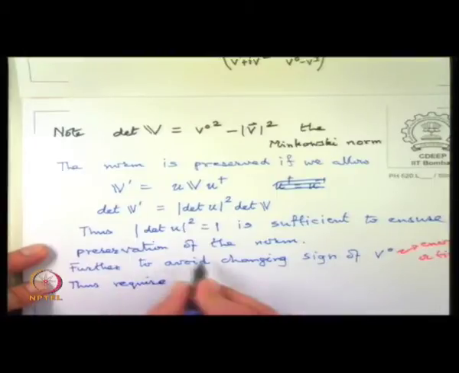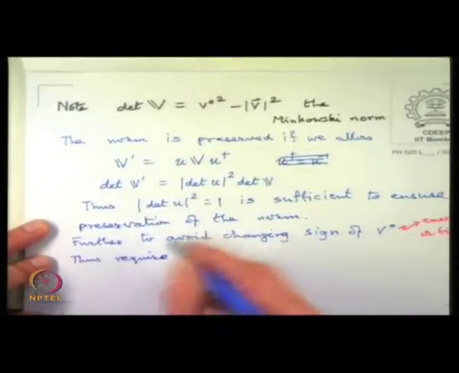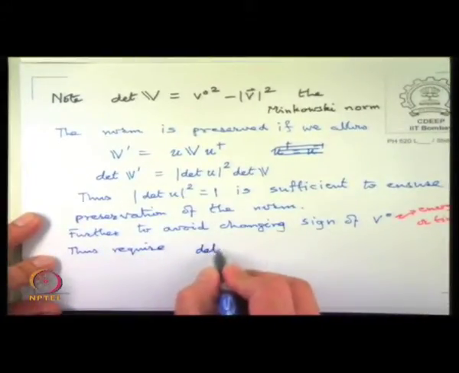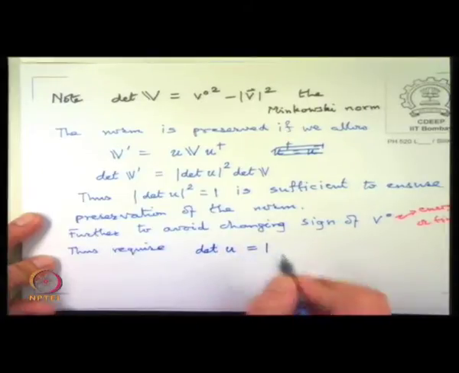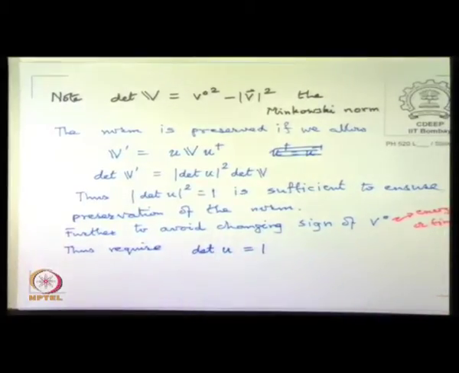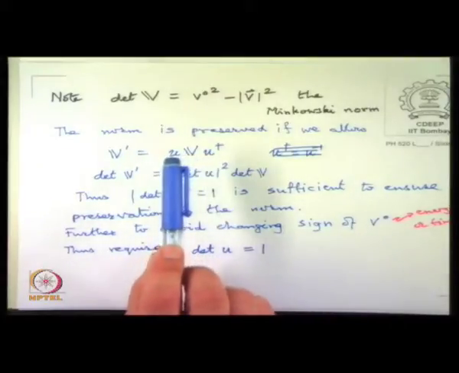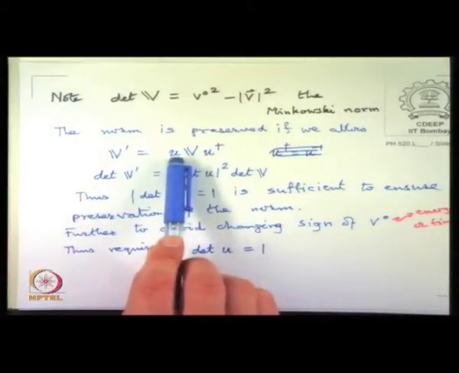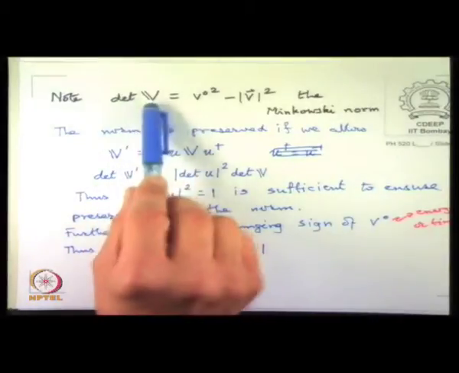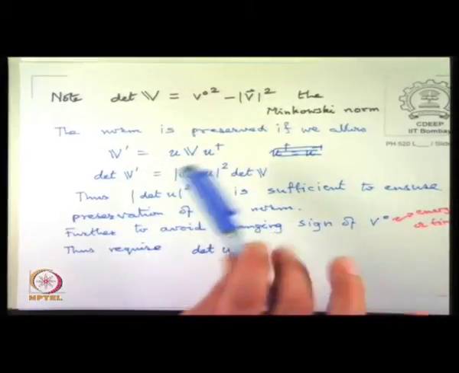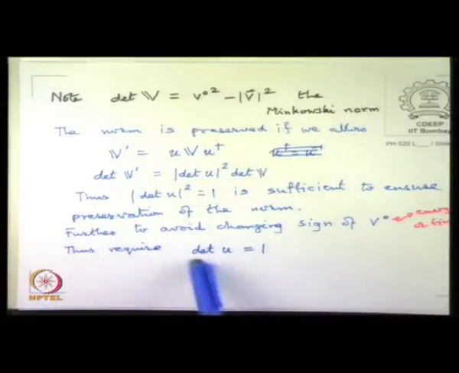It needs a little bit of calculation to check why this suffices, but I am skipping it for the time being. Thus require that determinant of u equal to 1. All we started with was the most general 2 by 2 complex matrix u, and we transformed our representation V by u times V times dagger of that u. We didn't restrict any u up to that point, and the only restriction we have finally put is that determinant u is equal to plus 1.